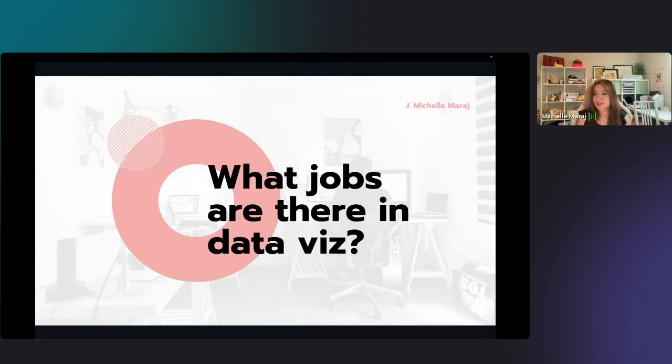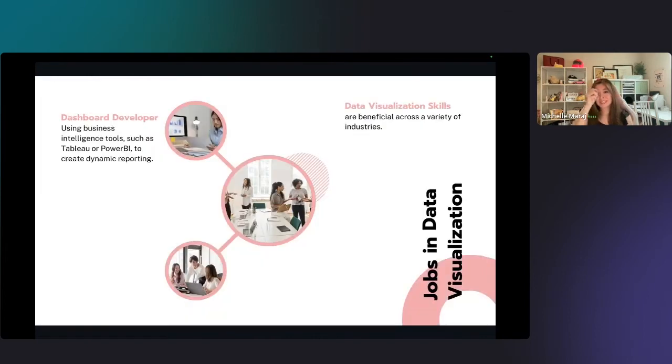What jobs are there in data visualization? Now, I mentioned that data viz skills are going to be helpful across a variety of roles and industries. But if you are super, super passionate about it like I am, there are a couple of jobs where it is going to be a much larger portion. So I mentioned being a dashboard developer. A dashboard is, again, a view where people can interact with data.